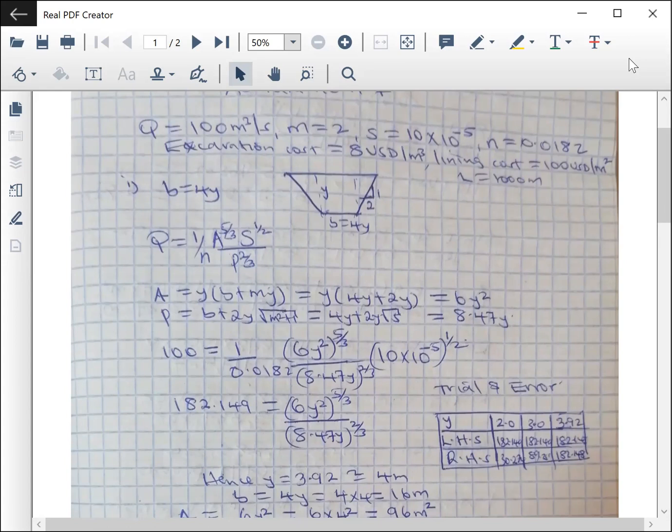Now, case number 1, we consider that the bed width is 4 times the water depth. Like the value of B here, we write in the first case that B is equivalent to 4y. Now, remember, how do we interpret the side slope? When we have 2:1, remember, the first value 2 is the horizontal value, then the second value is the vertical value.